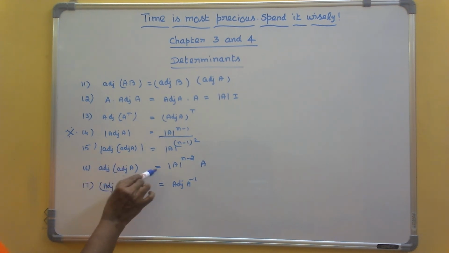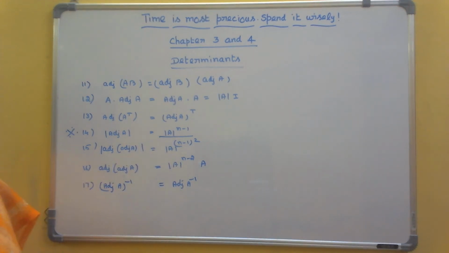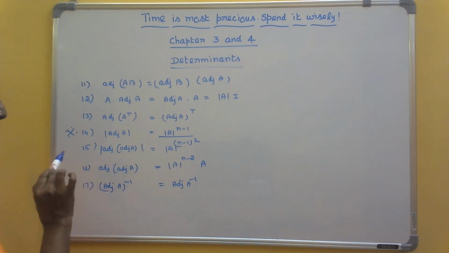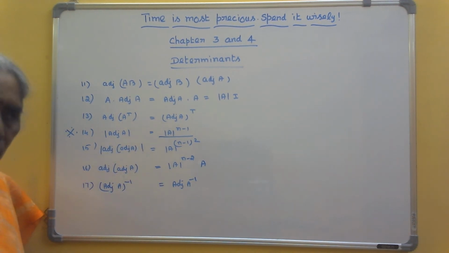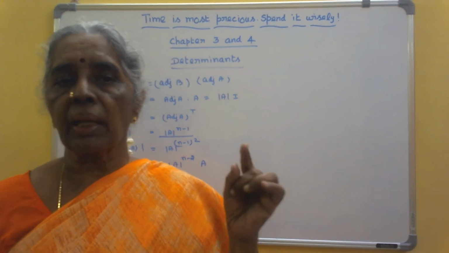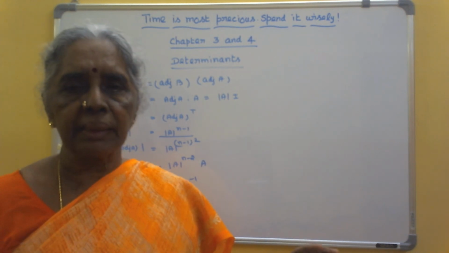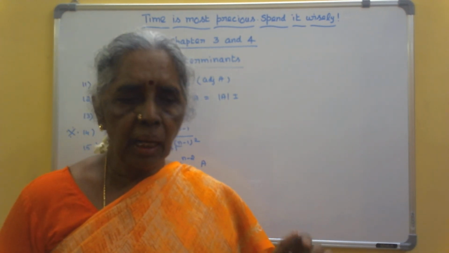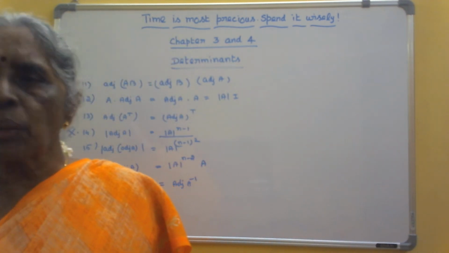Adjoint of adjoint A is equal to determinant A power n minus 2 into A. Adjoint A the whole inverse is equal to adjoint of A inverse. You have to study these concepts again and again for 2 days so that you will remember these things for solving the sums. Only 3-4 concepts remain. Let us finish that also.